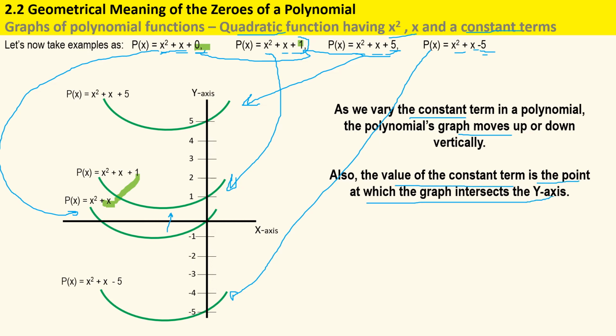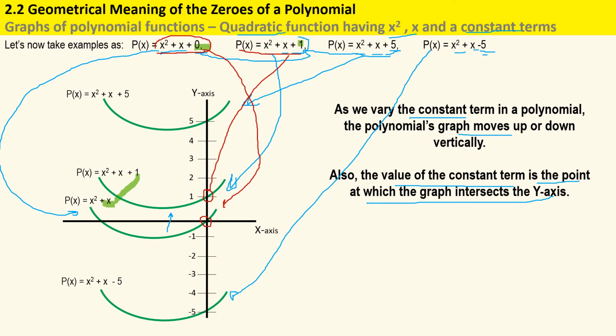And also we note that the value of the constant term is the point at which the graph intersects the y-axis. So if you take, for example, this polynomial x squared plus x plus 0, and this is plotted here, this plot is intersecting the y-axis at 0. And now let's take the plot of x squared plus x plus 1, which is plotted here, and it is intersecting the y-axis at the value 1.